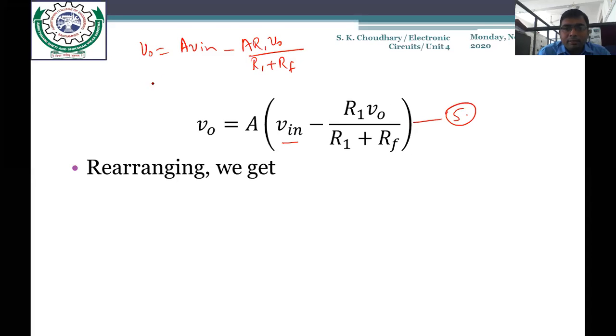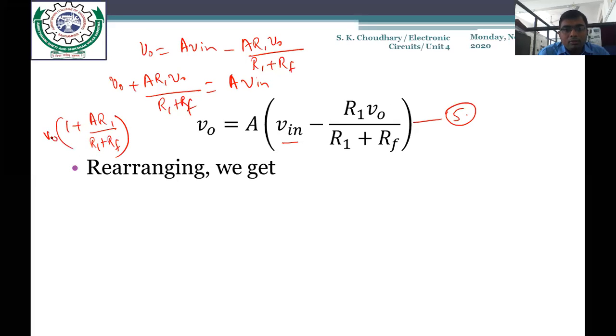So we take this A R1 V0 upon R1 plus RF on the left hand side, and on the right hand side only this term remains. When we take V0 as common, it becomes 1 plus A R1 upon R1 plus RF, that is, V0 is common.